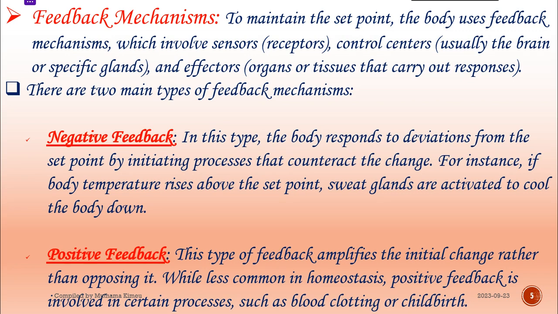For example, if the body temperature increases above the set point. In humans, the set point we've said is 37 degrees Celsius. If it increases above that, the sweat glands are activated to cool the body. They cool the body by producing sweat, and when the sweat evaporates, it carries away heat from the body, hence cooling the body.